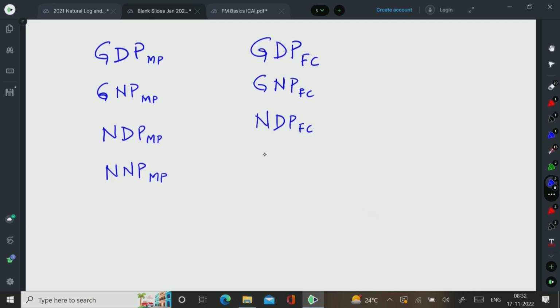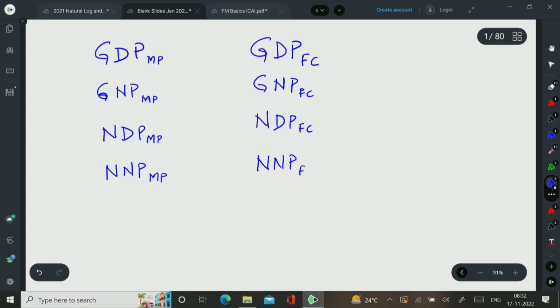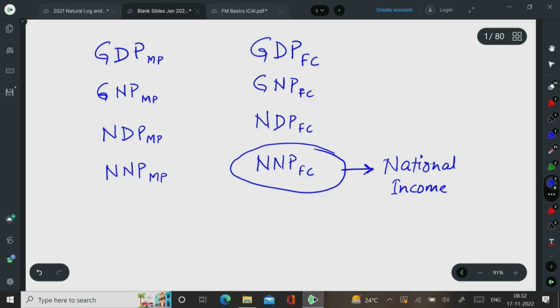Then we have NNP FC, that is net national product at factor cost. And we know one thing for sure, that net national product at factor cost, this is what we call as national income. Correct?